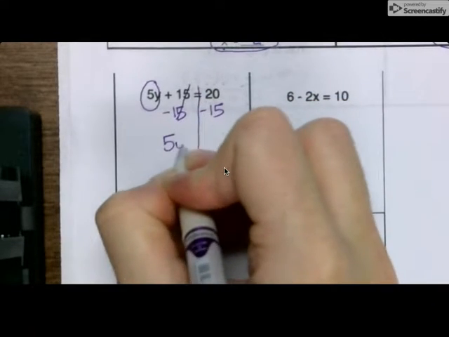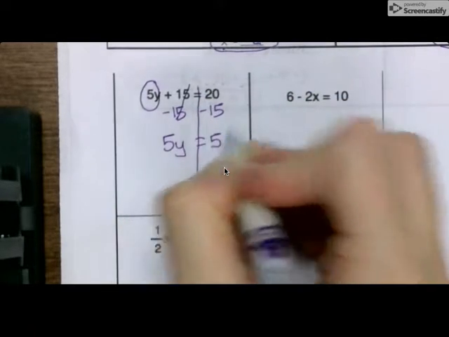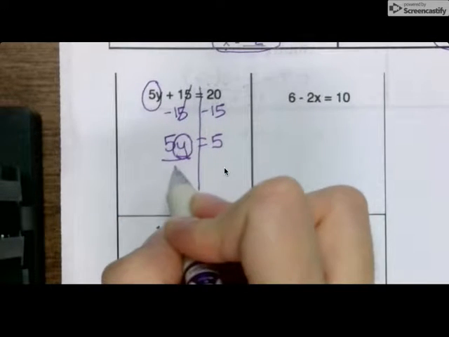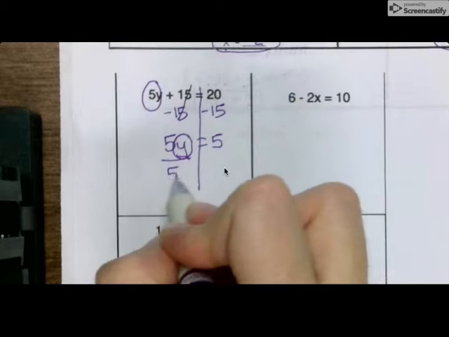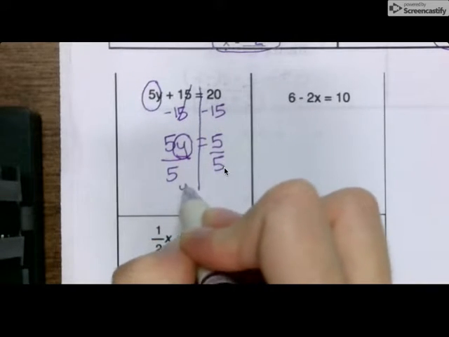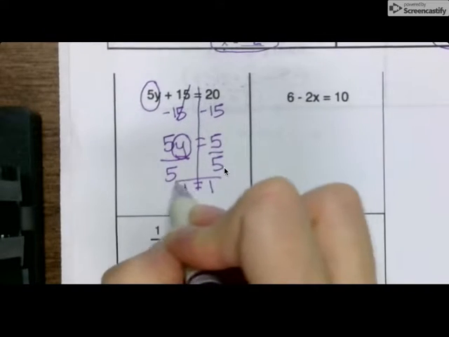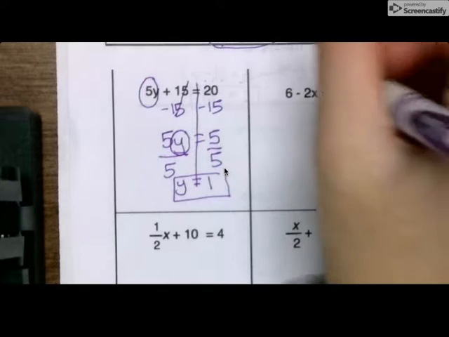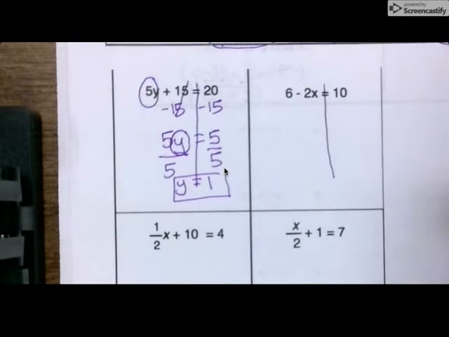That leaves me with 5y equals 5. Circle my term with my variable, and divide by 5 on both sides. That leaves me with y equals 1. Draw my line.